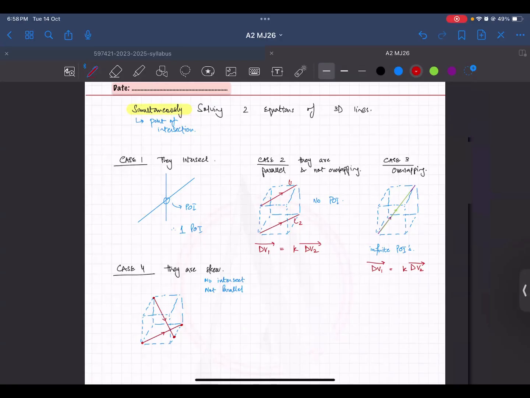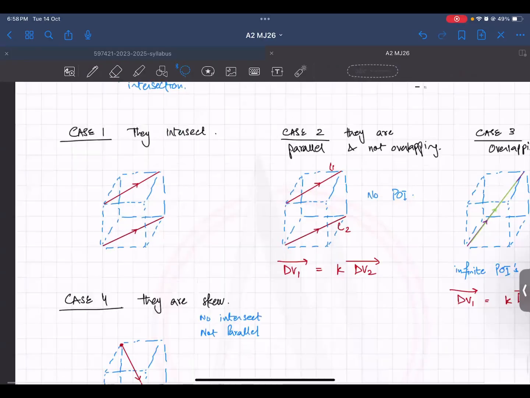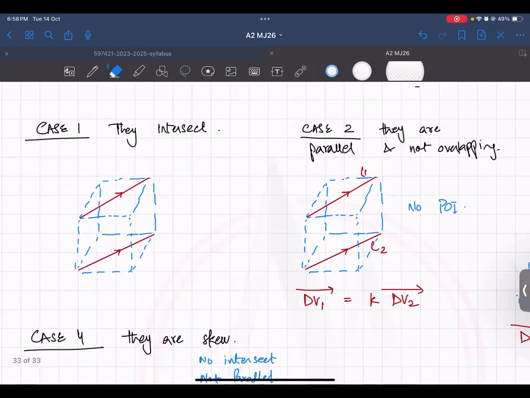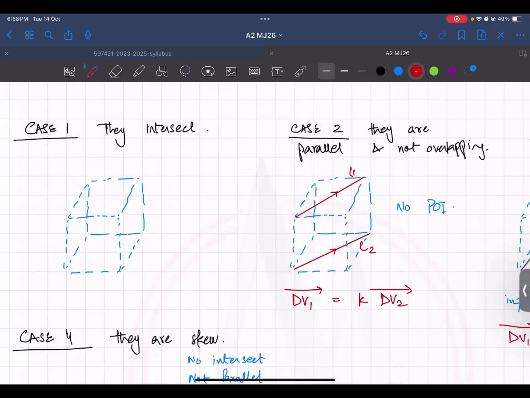Any questions over here? Let me show you this thing over here as well. The point of intersection. Let's suppose this is one of the corners of the room, from one corner to another corner.